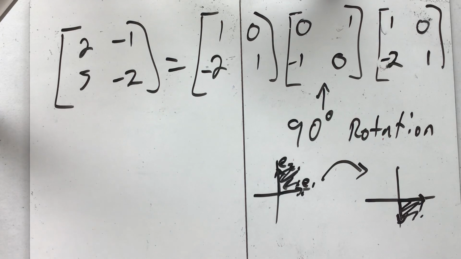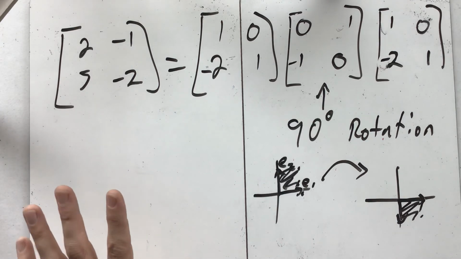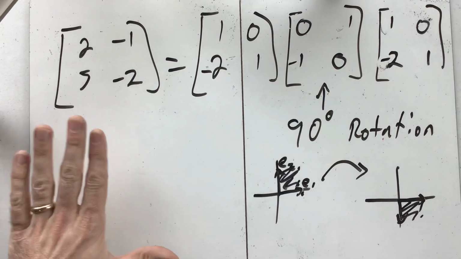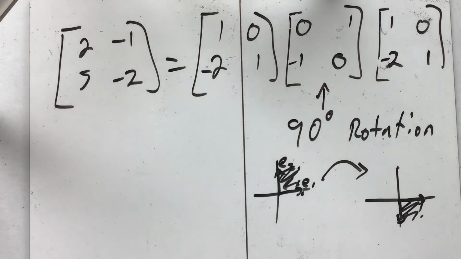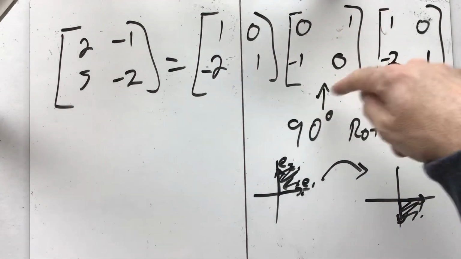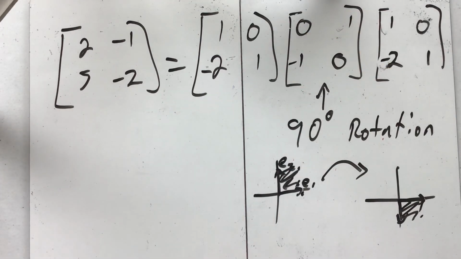So in this sense, it's logically consistent that rotations should result in complex eigenvalues and not real eigenvalues. Okay, so when we have complex eigenvalues, we get a rotation here in the middle. We're going to talk a lot more about this as we go on, but that's one of the big summaries.